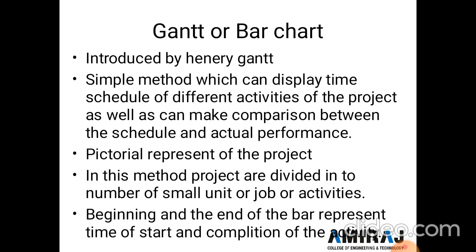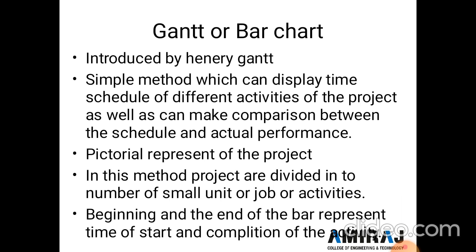Here the bar chart was introduced by Henry Gantt in 1900 AD, and it is the simplest method which can display the time schedule of the different activities of the project, as well as make a comparison between the schedule and the actual performance.